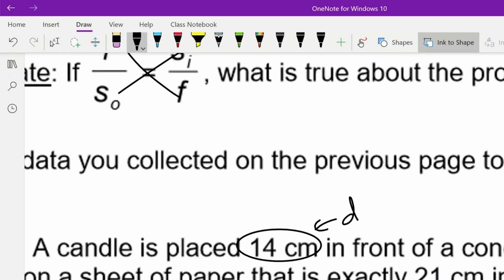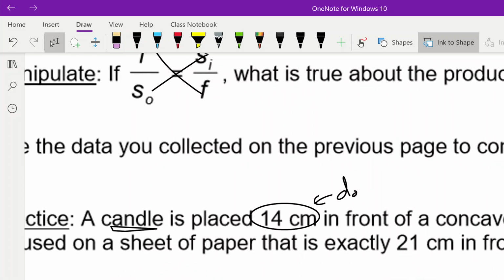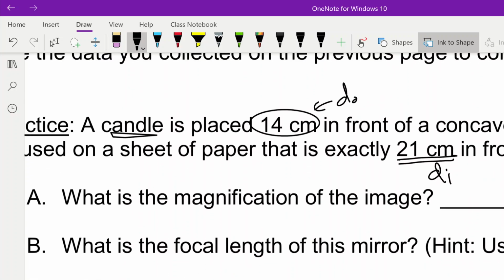That is do, because the candle is the object, and how far it is from the mirror is the distance of the object. The image is formed on a sheet of paper 21 centimeters in front of the mirror. That is di, the distance of the image to the mirror.